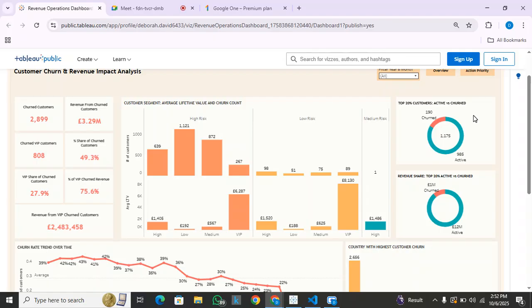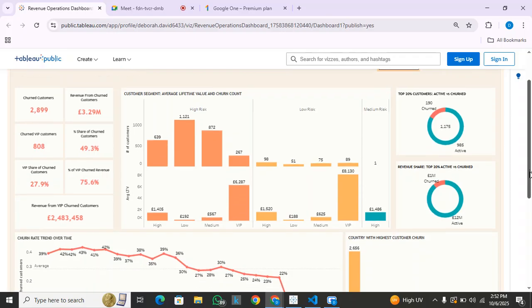So the top 20 customers are split into churned versus active. We see the number of active top 20% of customers and churned, and 190 of these customers are churned, which is alarming because imagine losing 190 top customers.